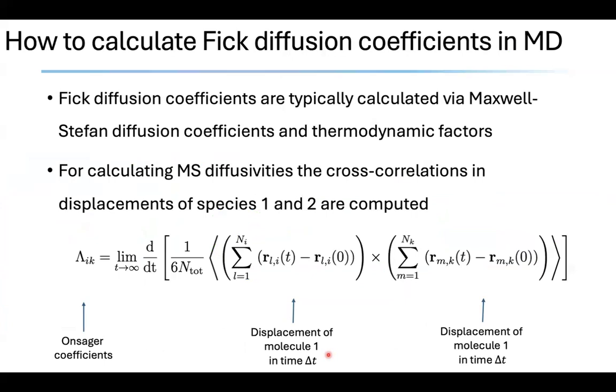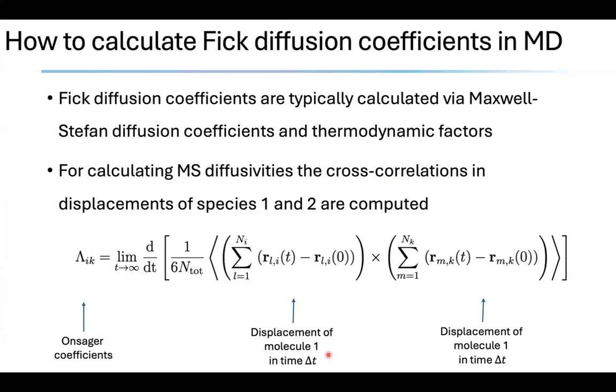Now that we have a basic idea of how to connect Fick diffusivities to Maxwell-Stefan diffusivities, let us try to see how Fick diffusivities can be calculated in molecular dynamics simulations.